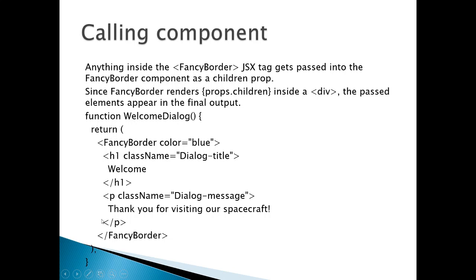So you can pass information to FancyBorder, and since FancyBorder renders props.children inside a div, the passed elements appear in the final output. So automatically it will be displayed as FancyBorder's information.